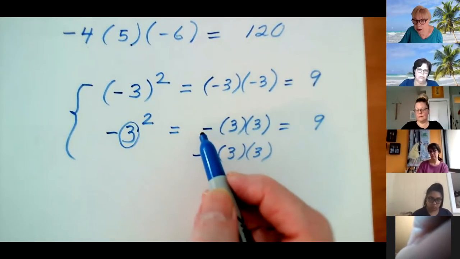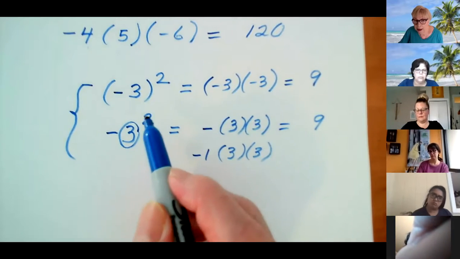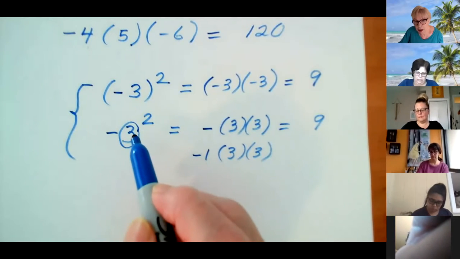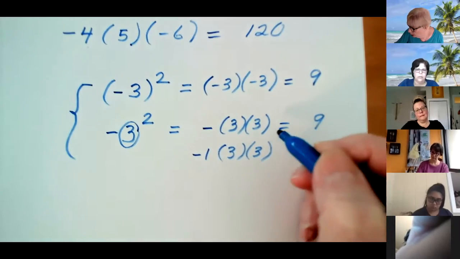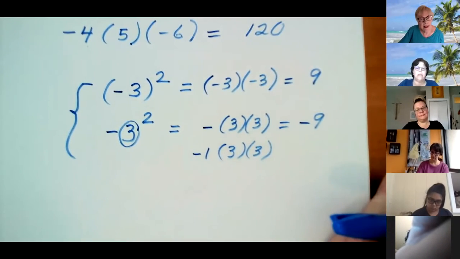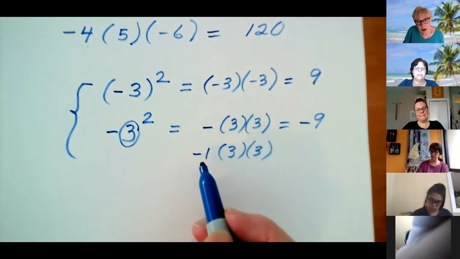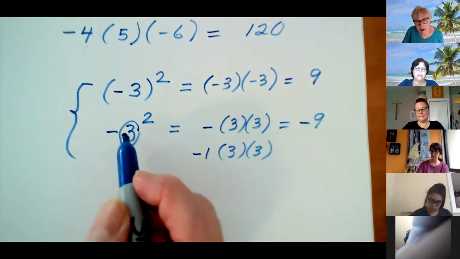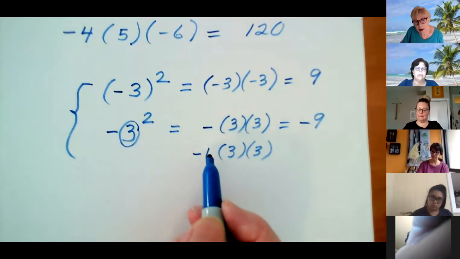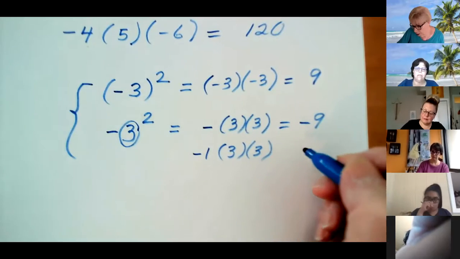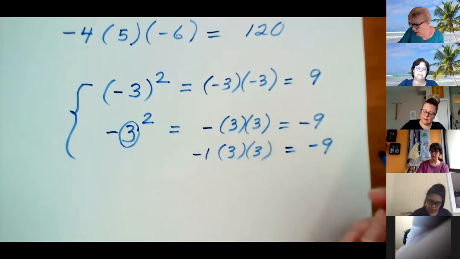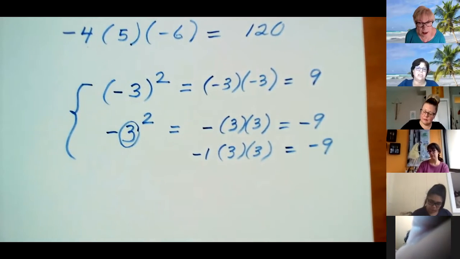But there's only one negative. The minus did not get squared, just the 3. And so one negative makes it negative. Now, if it helped you to imagine this negative as a -1 factor, then go for it. But no matter how you slice it, that's -9.